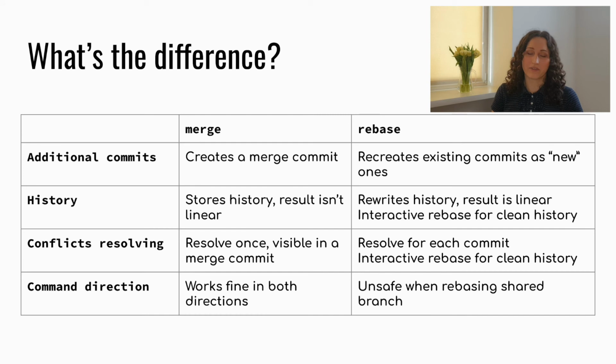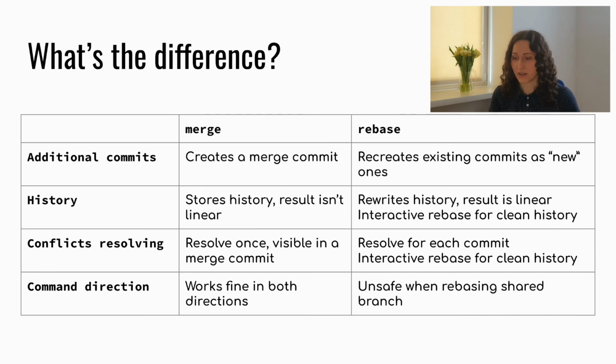So what's the difference between merge and rebase commands? First of all, merge, as we already know, creates an additional merge commit, and rebase doesn't create additional commits, but it recreates existing commits, so it removes the old ones and creates them as new ones. Merge stores history, but the result isn't linear, so if you check the history after the merge commit, you will still see this fork of the branches, and the merge will have two parent commits.